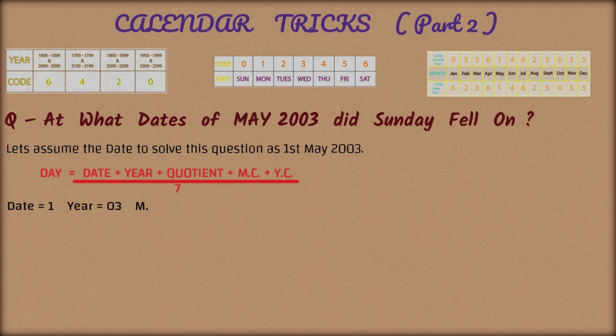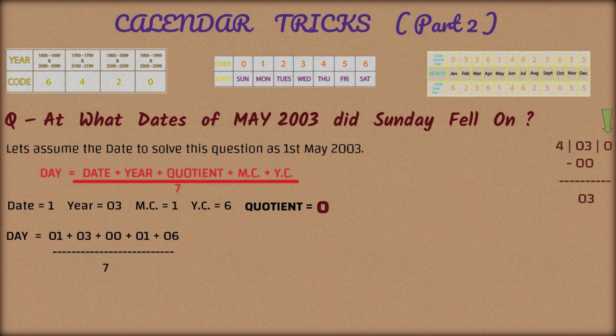The date here will be 1 as assumed, the year will be 03 as we take only the last two digits of the given year, and the quotient, when we divide 03 by 4, is 0. The month code here will be 1 as it is associated with May, and the year code will be 6 as seen from the table.